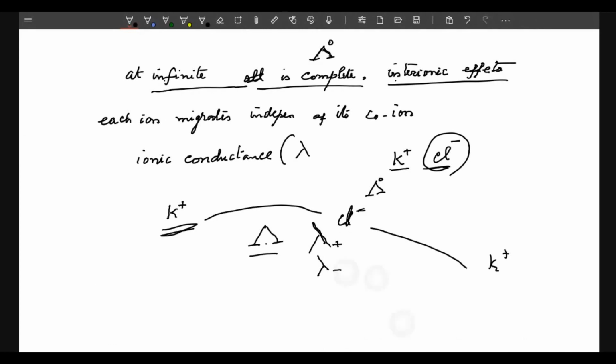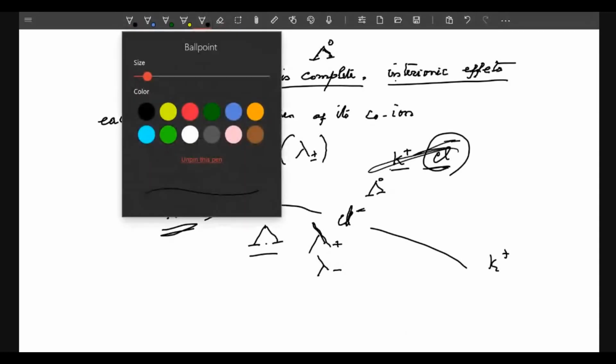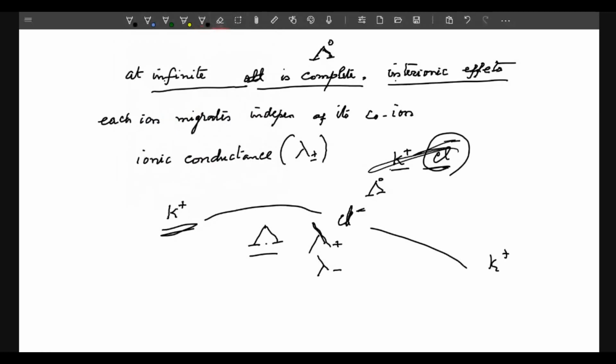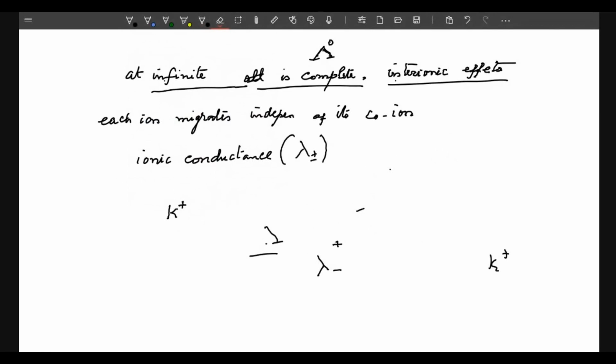Therefore, ionic conductance I would put within brackets, lambda plus or minus. The total conductivity of an electrolyte, they call it the lambda value.